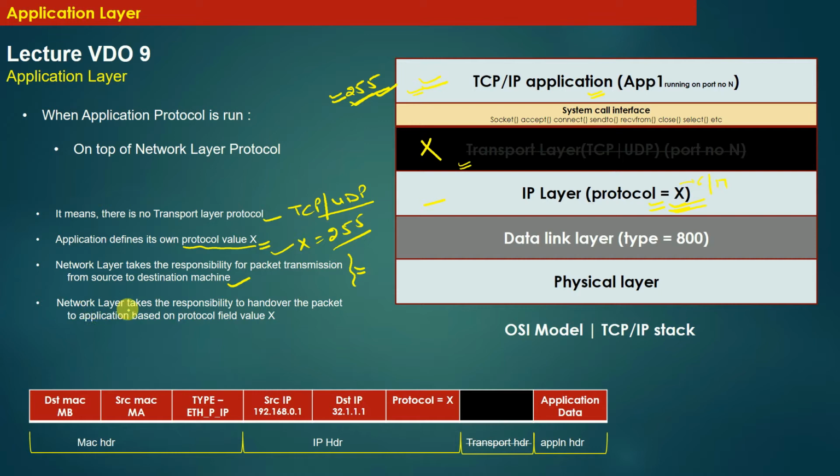And network layer takes the responsibility to hand over the packet to the application based on the protocol field value X. So remember, when your application was running on the top of the transport layer in the previous scenario, the transport layer identified the correct application to which the packet has to be handed over. That application was identified using port number. But now there is no transport layer.